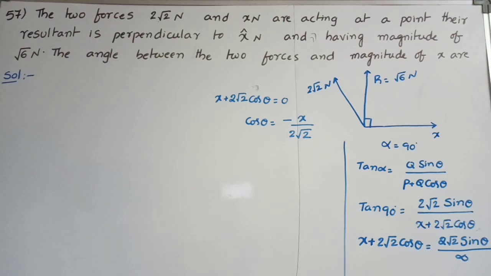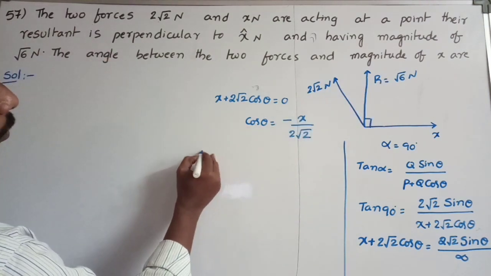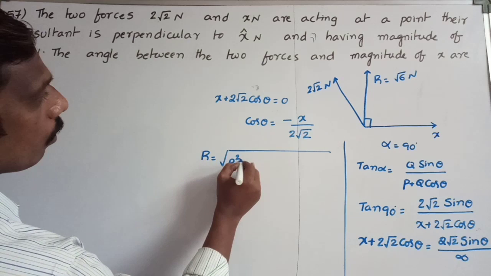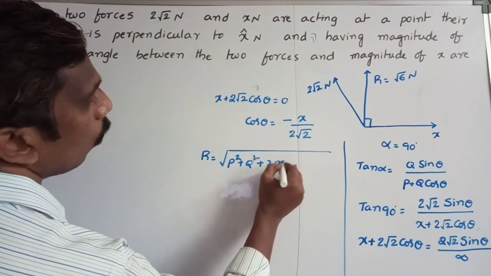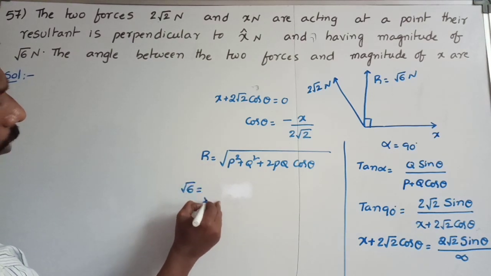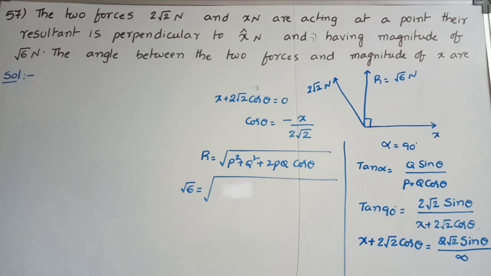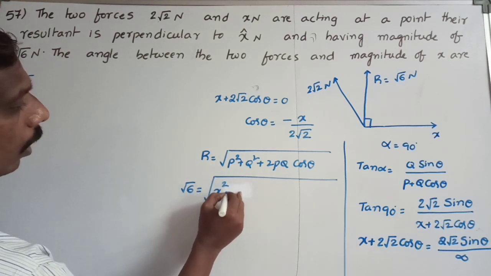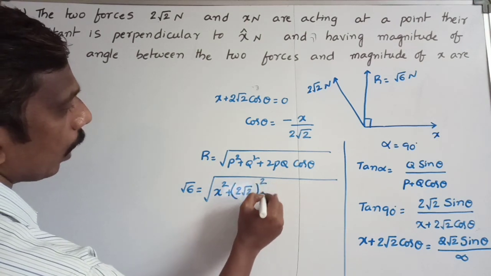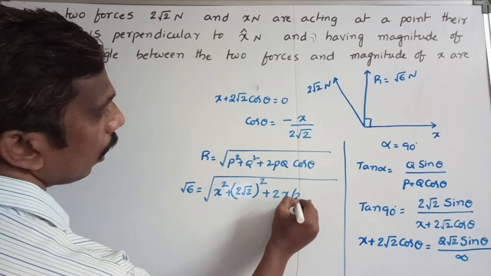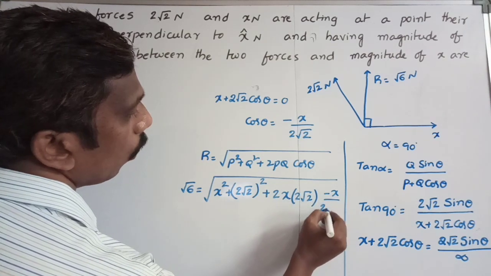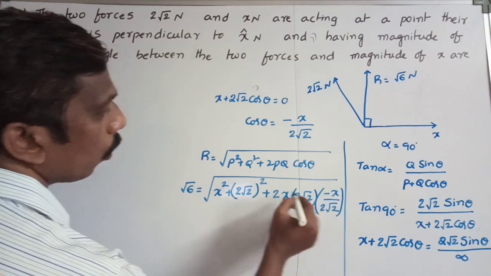Next. The resultant value they given R is equal to root 6. So from that, resultant R is equal to, we know the formula, under root of P square plus Q square plus 2PQ cos theta. R is equal to the given root 6, that is equal to under root of P, taken as x square, plus Q, 2 root 2 whole square, plus 2 into P value x, Q value 2 root 2 into cos theta, which is equal to minus x by 2 root 2. 2 root 2, 2 root 2 get cancelled.